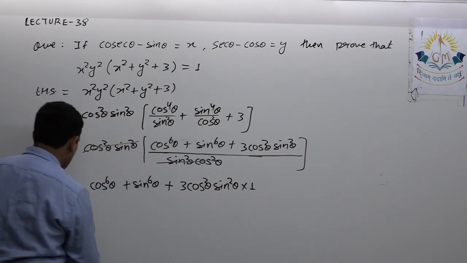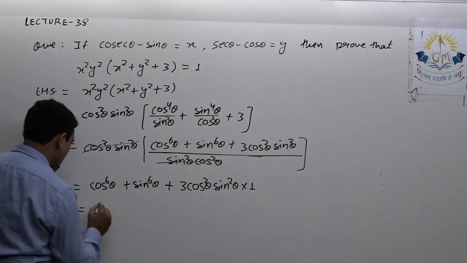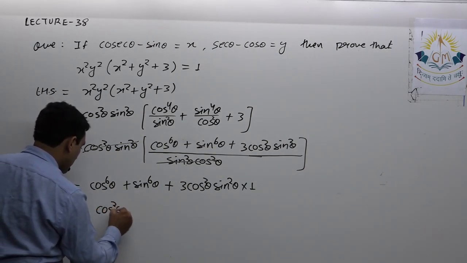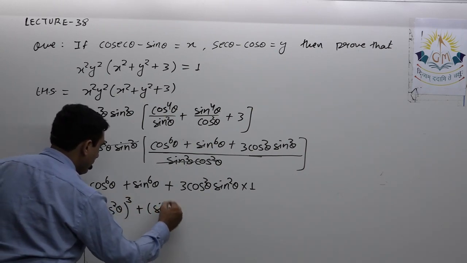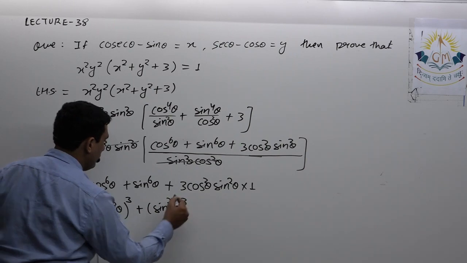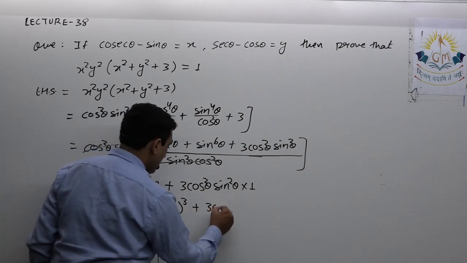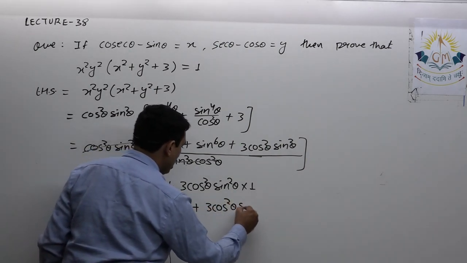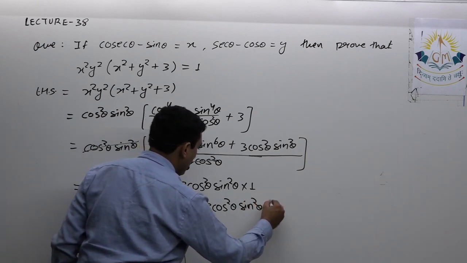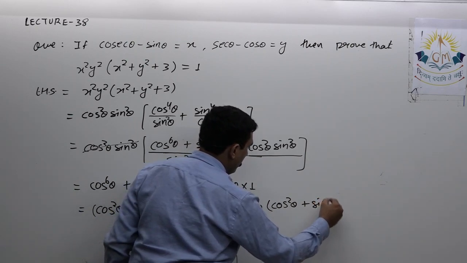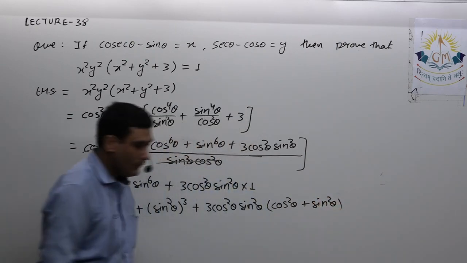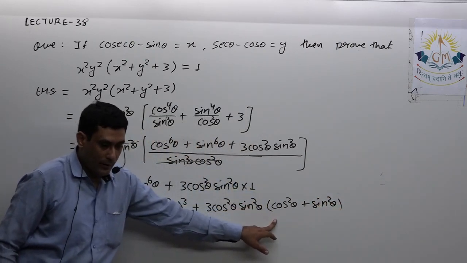I can write it is multiplied by 1. Now I am rewriting the same expression in a little bit different way. Cos square theta cube plus sin square theta cube plus 3 cos square theta sin square theta into cos square theta plus sin square theta. At the place of 1 I wrote this.